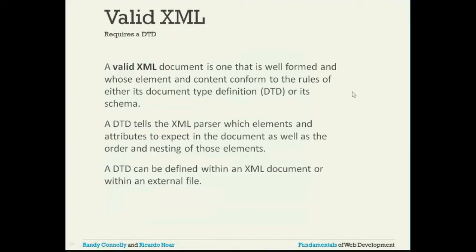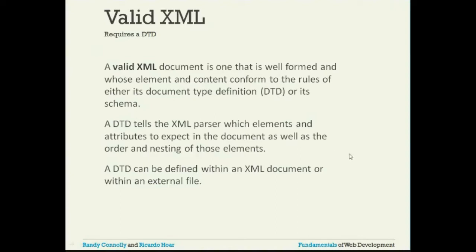A valid XML document is one that is well formed and whose elements and content conform to the rules of either a document type definition, that is DTD, or a schema. So one of the two, it should comply with either DTD or the schema.